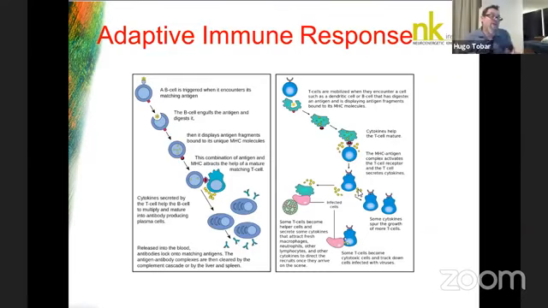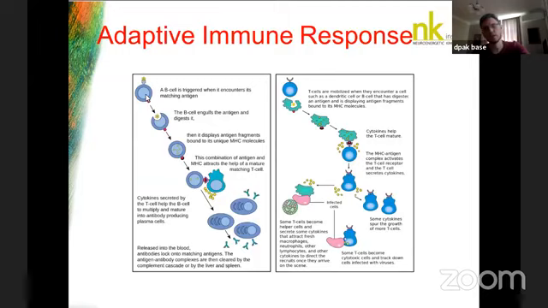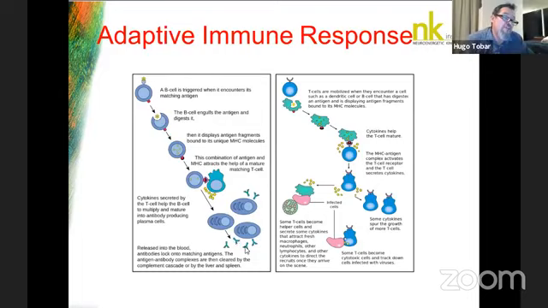On this side, the antigen presenting cell is called a B memory cell. This causes the production of B plasma cells, and the B plasma cells release antibody.